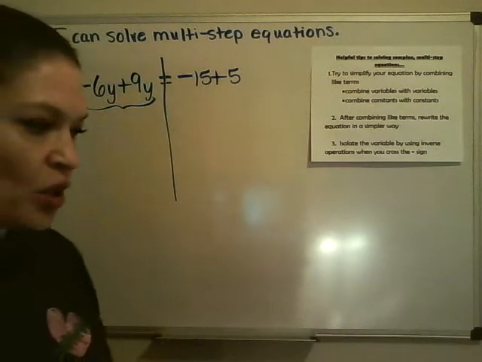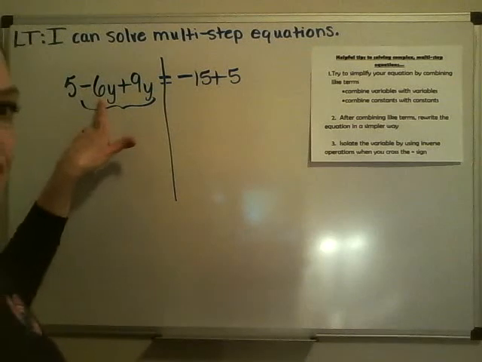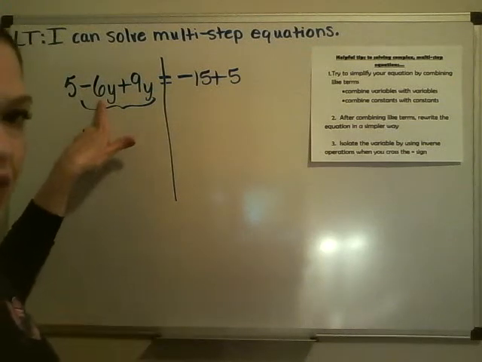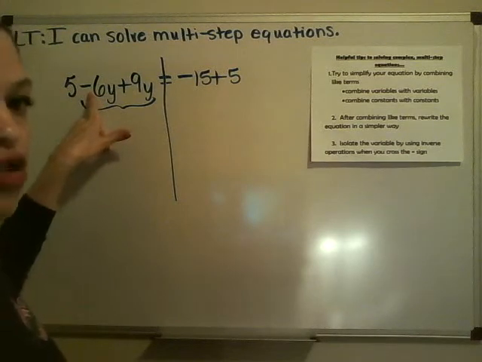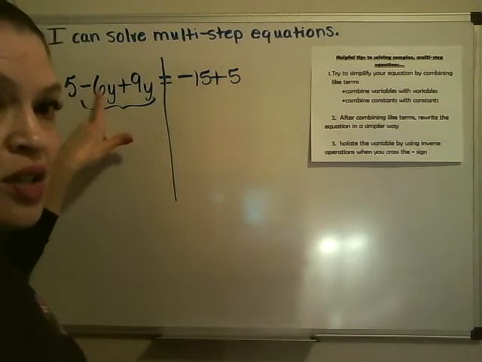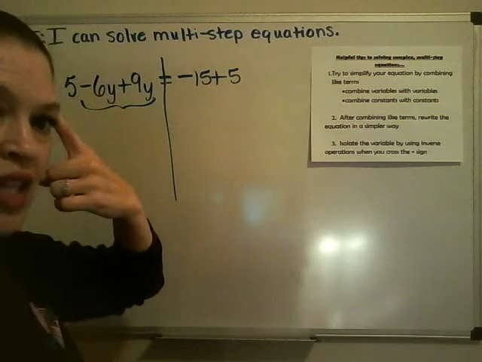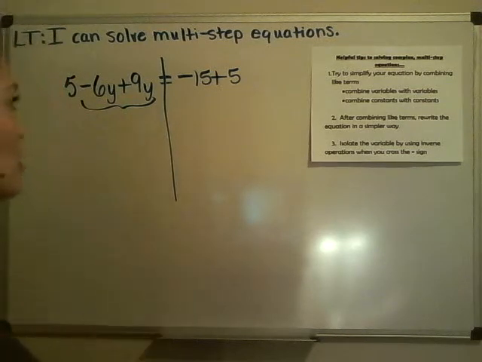Now, I got a question for you. You see that 6? What sign does it have in front of it? Minus sign, which in this case is going to be interpreted as a negative sign. That sign belongs to the 6. So in your mind, you have to say, what is negative 6 plus 9?